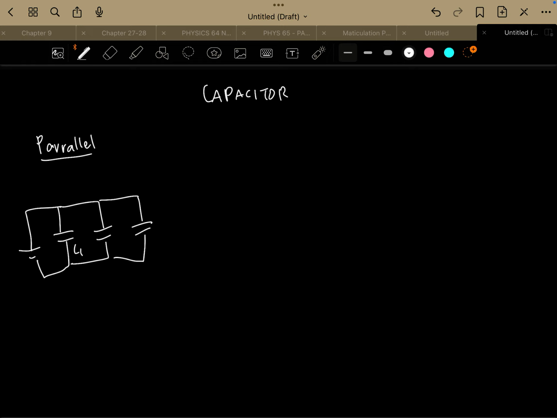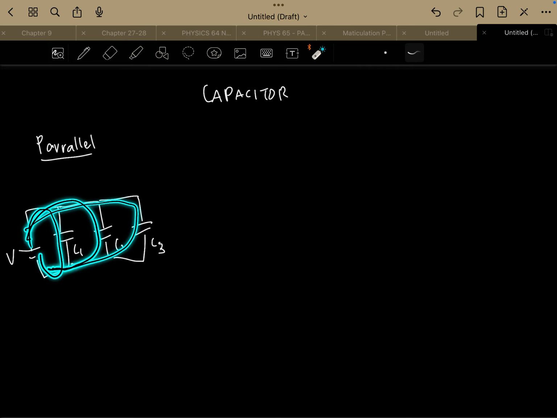So let's say this is C1, C2, C3. This is volt. In this case, what happened to the voltage? Well, voltage drop is like the loop 1 voltage drop, loop 2 ada voltage drop, loop 3 ada voltage drop, right?